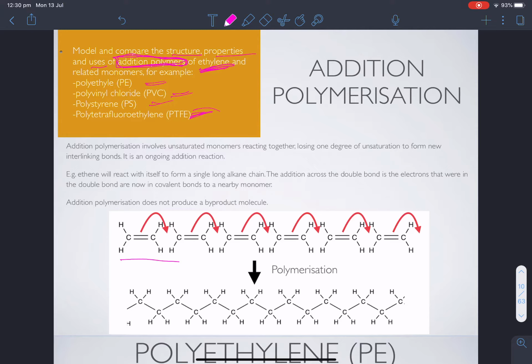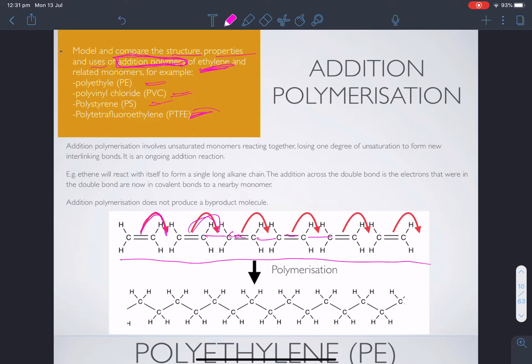So for example here, I've got all these ethenes lined up, and what happens is 2 of the electrons that are in the double bond come out and form a new bond in between 2 of the monomers. You're getting rid of that double bond and forming a new bond in between, and it's ongoing.